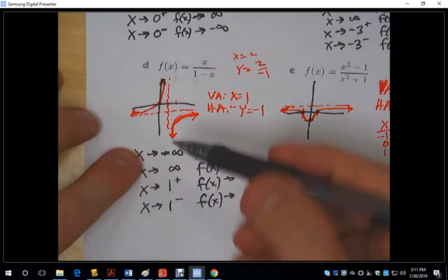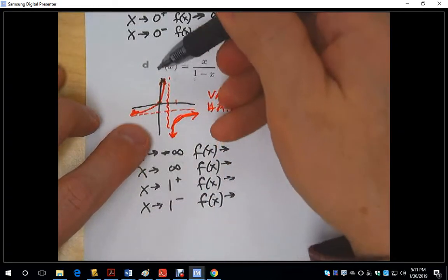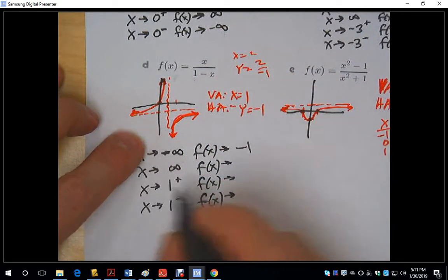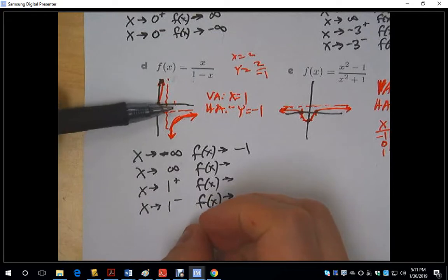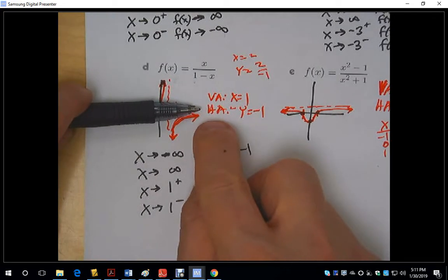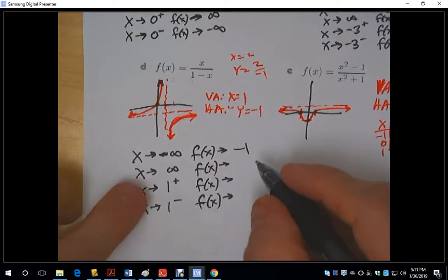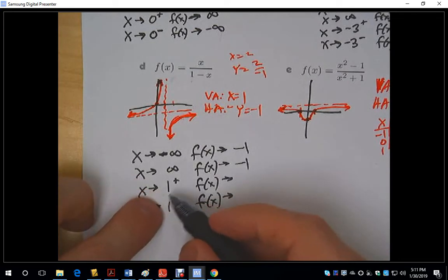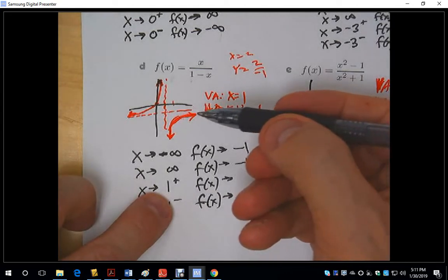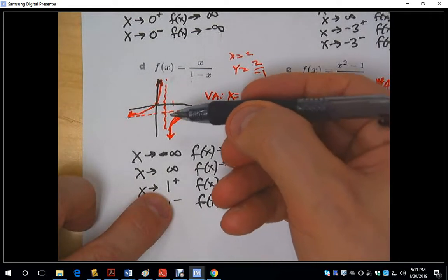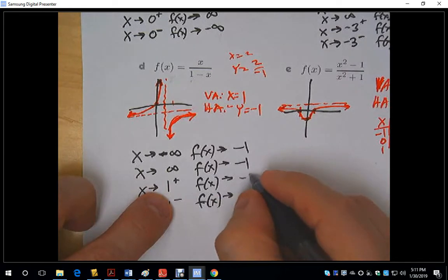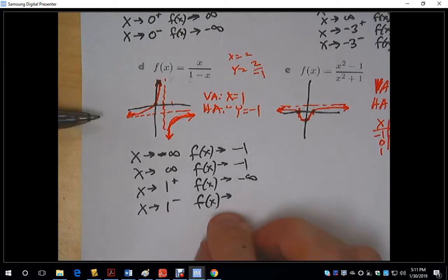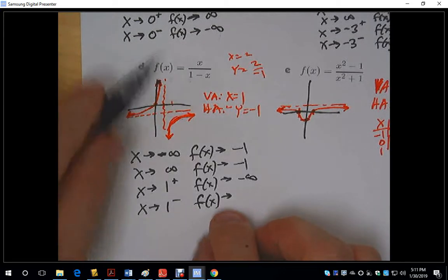When x becomes very, very small, my graph converges on that horizontal asymptote, which is -1. When x becomes massively large, the y converges on the horizontal asymptote, so that's going to give me -1 as well. When x approaches 1 from the right-hand side, the graph goes down, so that would be negative infinity. And when we approach 1 from the left-hand side, the graph goes up, so that's going to be infinity.